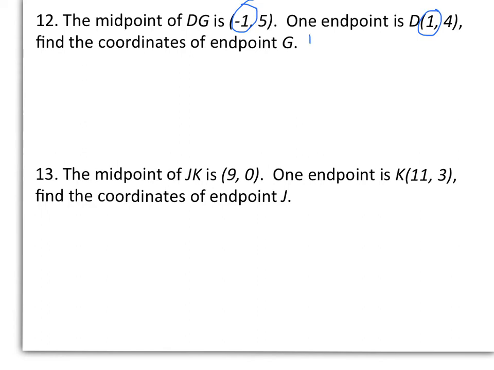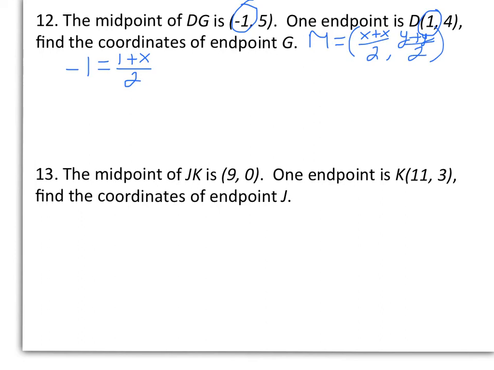So keeping in mind the midpoint formula is x plus x divided by 2, y plus y divided by 2. Well, instead of writing m for midpoint, I know my x midpoint is negative 1. I know one of my x values is 1. I don't know the other, but then the formula says you would divide by 2.